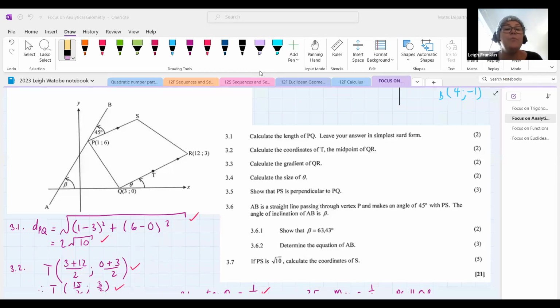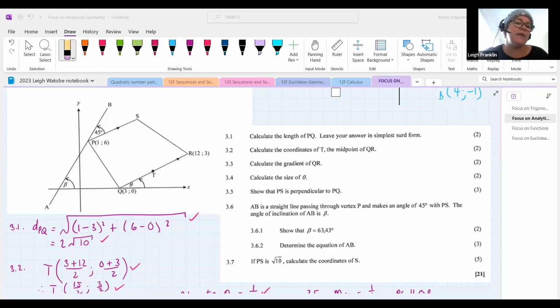Okay, but Hlumelo, you don't have coordinates at A or B. So we don't know the gradient of line APB. Teddy, where do you think it comes from? Ma'am, they said it's passing through P. So we've got the points of P, and we can use the x-intercepts.